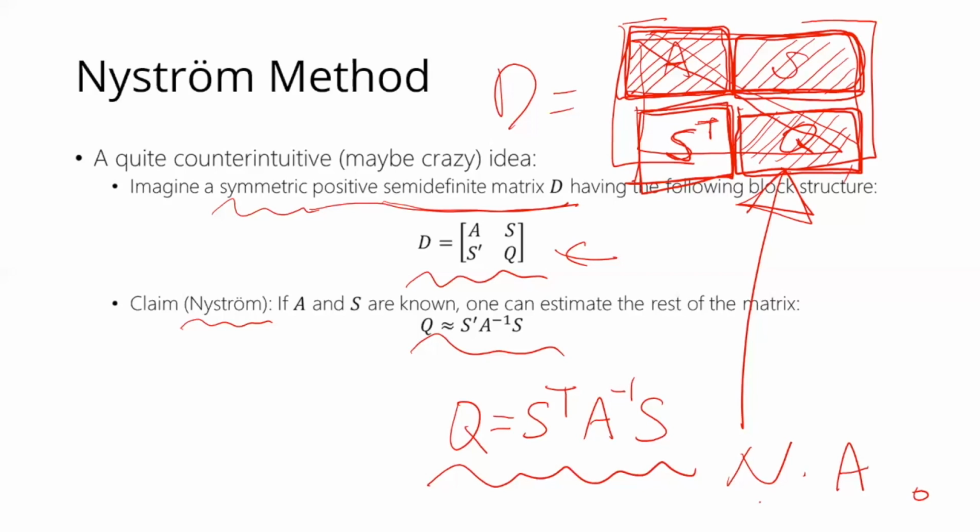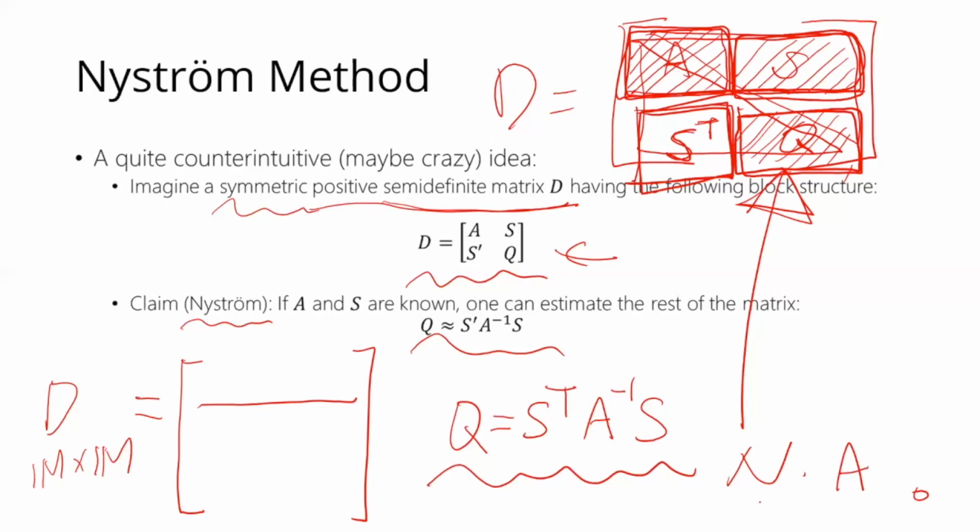If you still don't think this is a crazy argument, think about this situation. Let's say we have a matrix D, which is 1 million by 1 million. So we have 1 million data samples. Now, let's assume we only know the distance relationship for 1,000 rows.